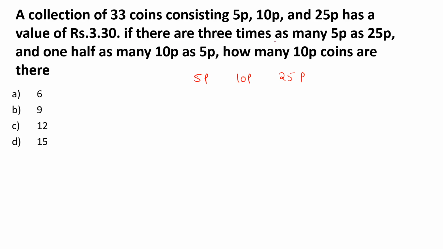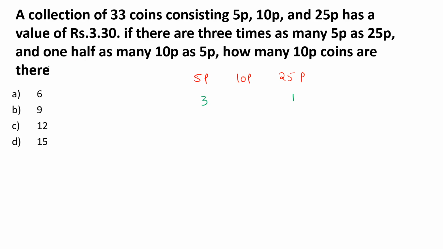Let us assume the number of 25 paisa coins is 1. Then the number of 5 paisa coins would be 3 times 1, that is 3.